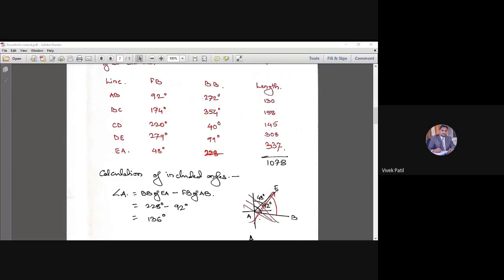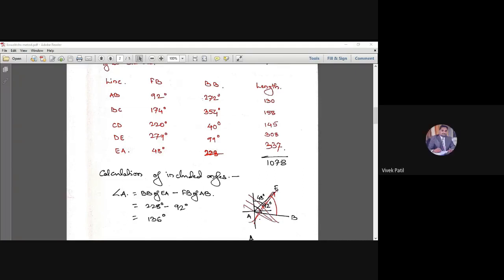Vinay, what is the angle C? Reply. Are you there? 134, sir. 134.